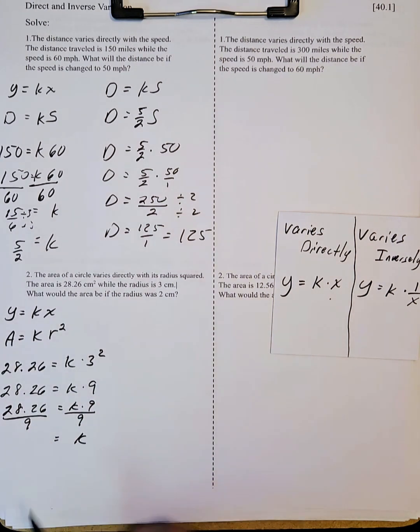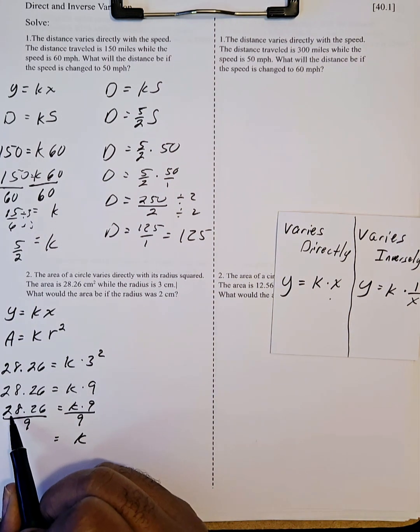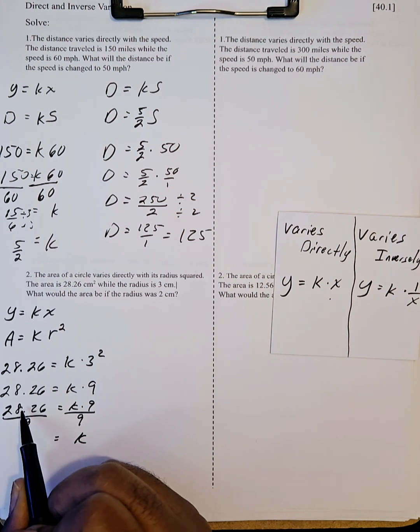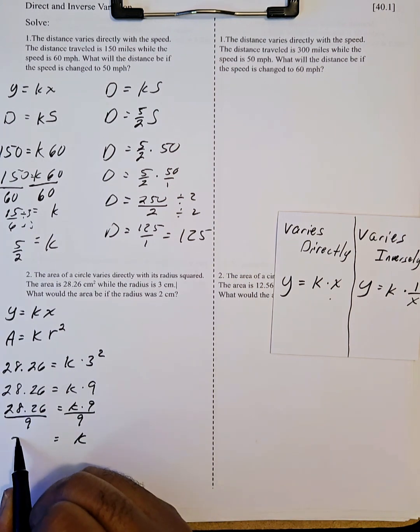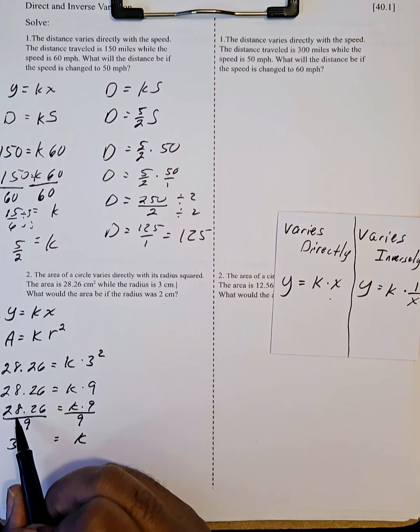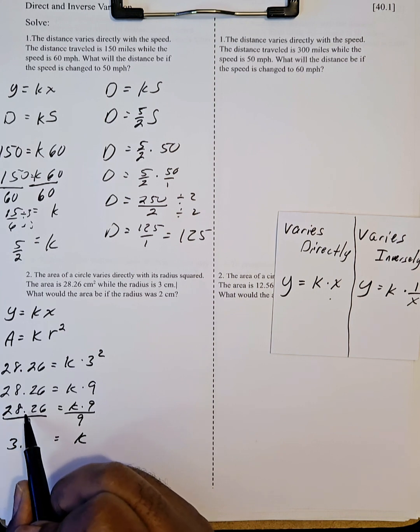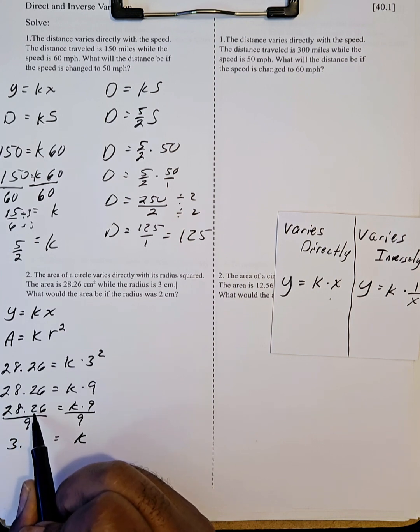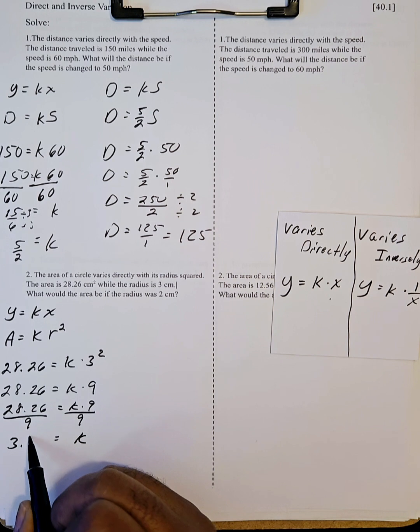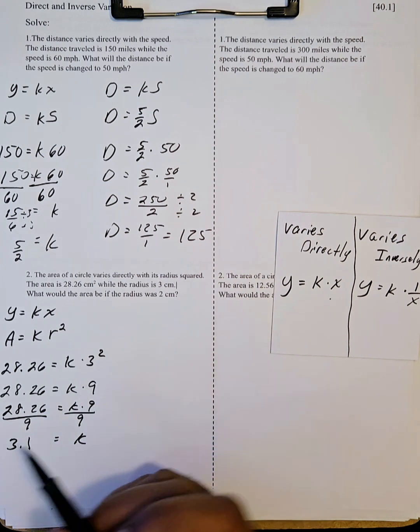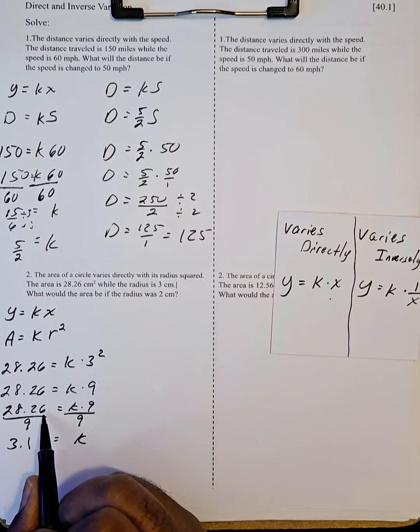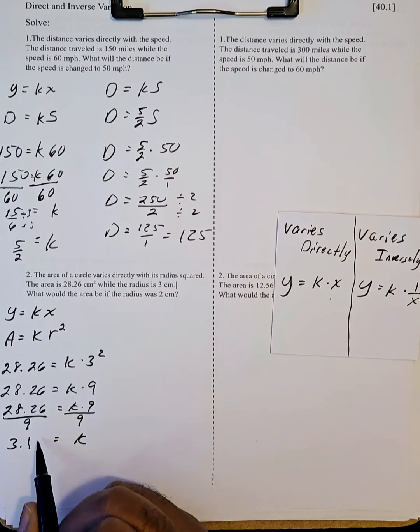And we have k. Let's see if I can do this. I know 9 goes into 28 3 times, because that's 27. So that's going to be 3. And that'll leave 1 left over. So 1 and 2 makes 12. 9 will go into 12 one time, leaving 3 left over. And you'll get 36. 9 goes into 36 4 times.